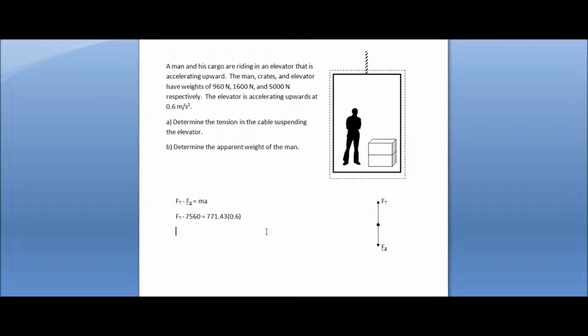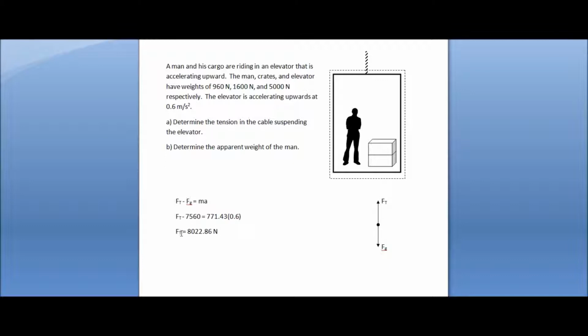The force of tension is equal to, well, multiply these together and then add the 7560. So 771.43 times 0.6 plus 7560 gives 8,022.86 newtons.